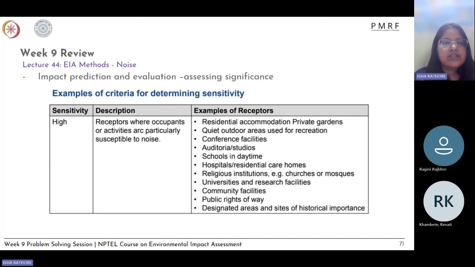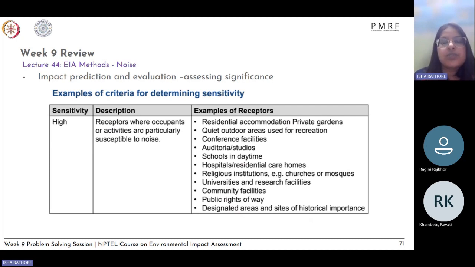Then how we calculate the significance of impacts. High sensitivity to noise can lead to receptors where occupants or activities are particularly susceptible to noise. Examples of these kind of situations are residential accommodations or private gardens which are near your development site.